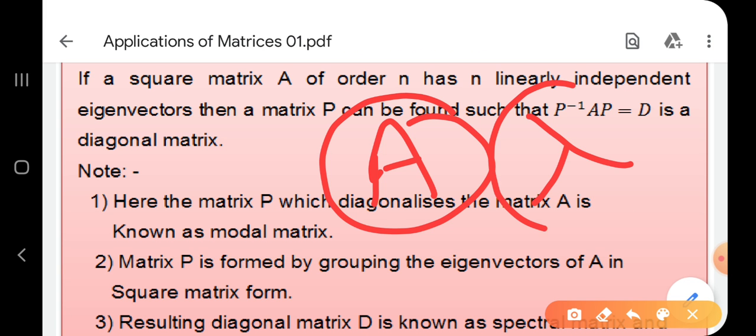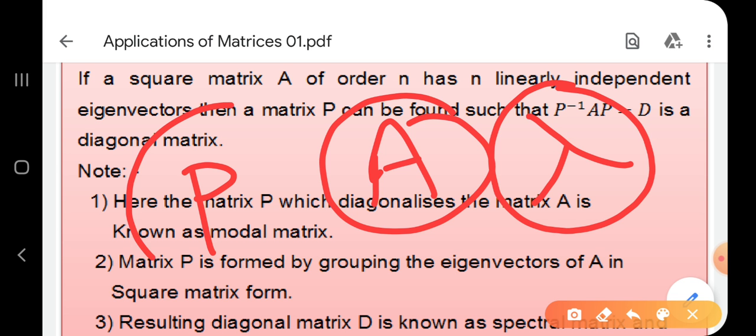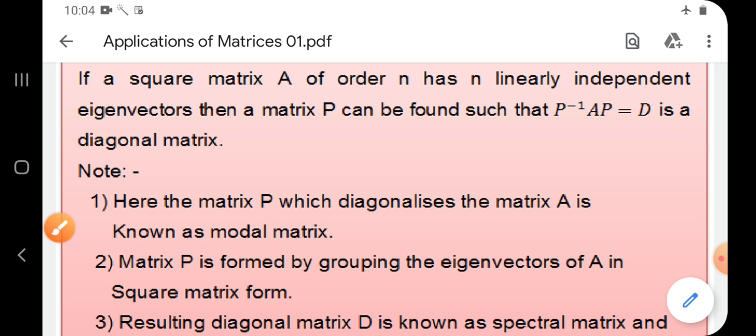These eigenvalues give us the concept whether the matrix is diagonalizable or not, and they help us find matrix P, so that we can find matrix D, and we can say that matrix A is diagonalizable. So here we take some points which will help us to solve the problem.